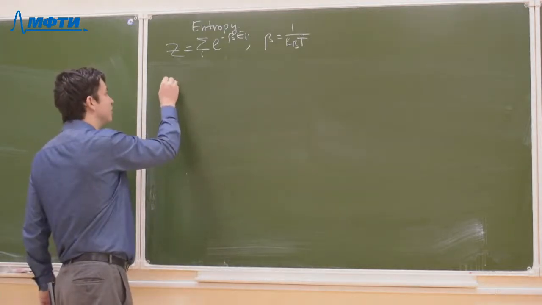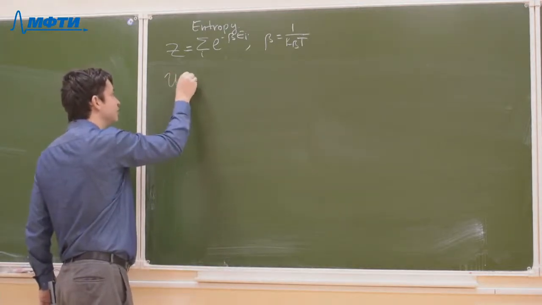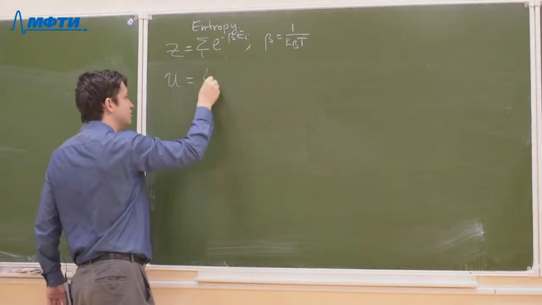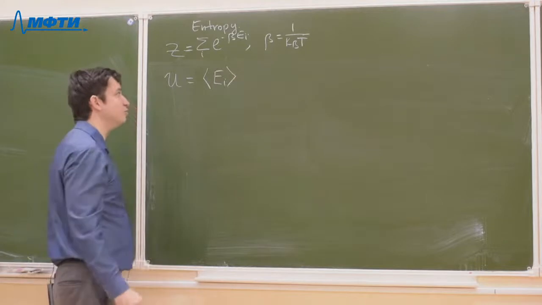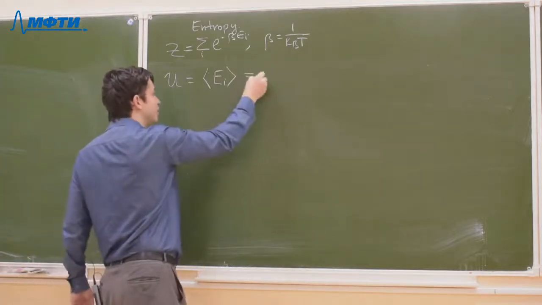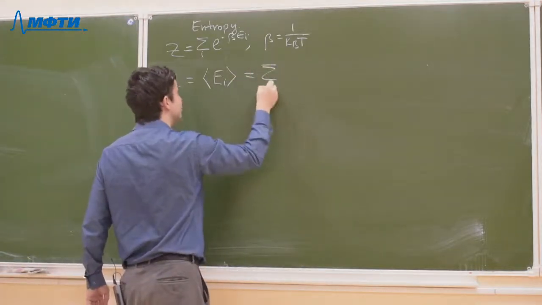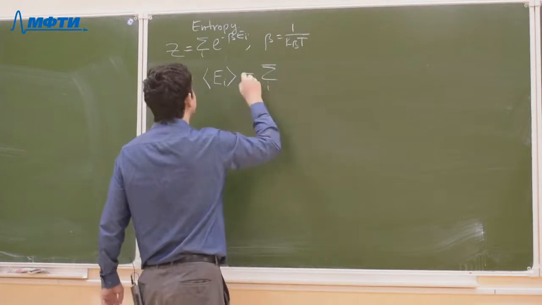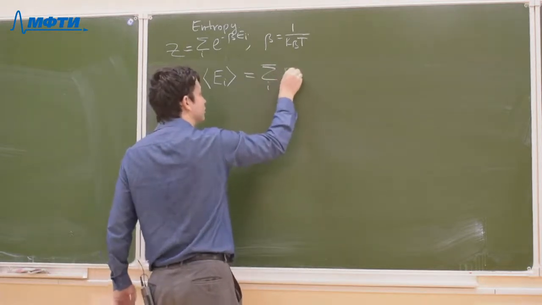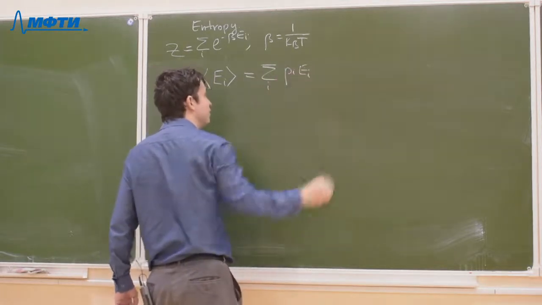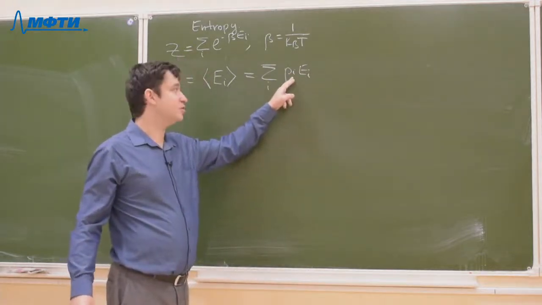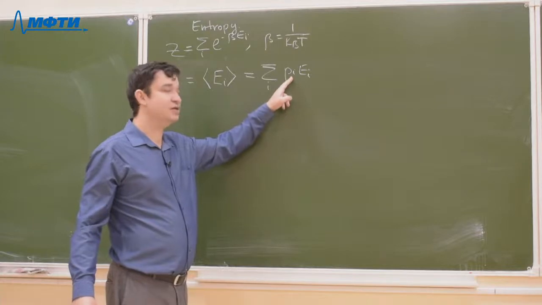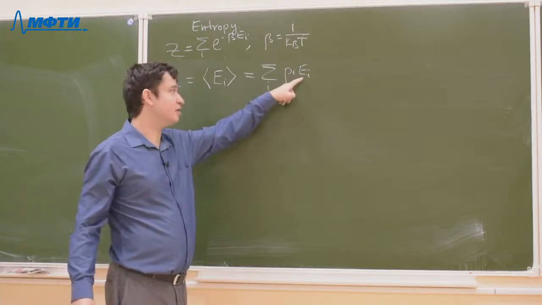for example, to determine the internal energy, which can be considered as an average energy in a certain volume, which can be presented as the sum of Pi multiplied by Ei, where Pi is the probability for a system to be found in an energy level with energy Ei.